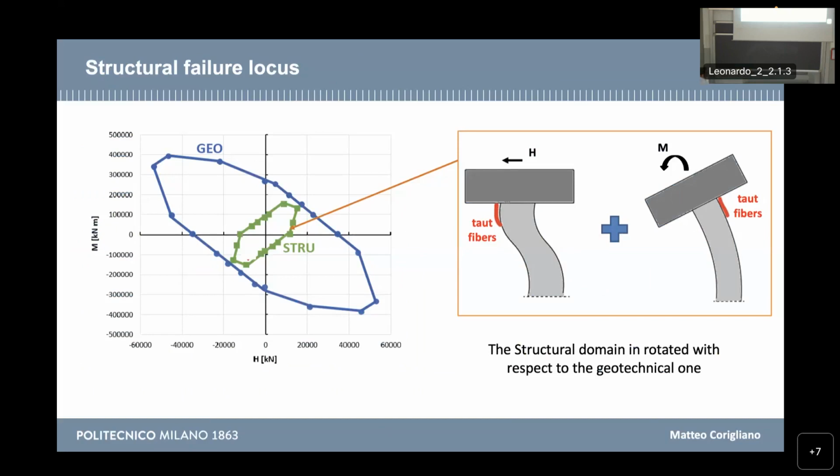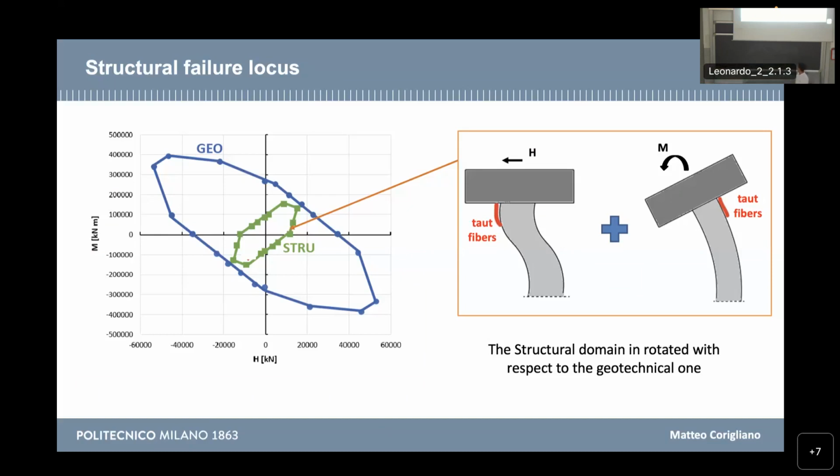And so we need a failure locus also for the structure. And the interesting point is this shape of the structural domain that is rotated with respect to the domain of the soil, so of the geotechnical domain.